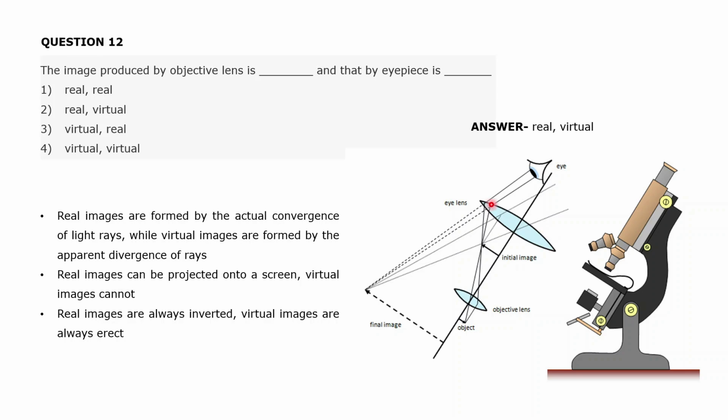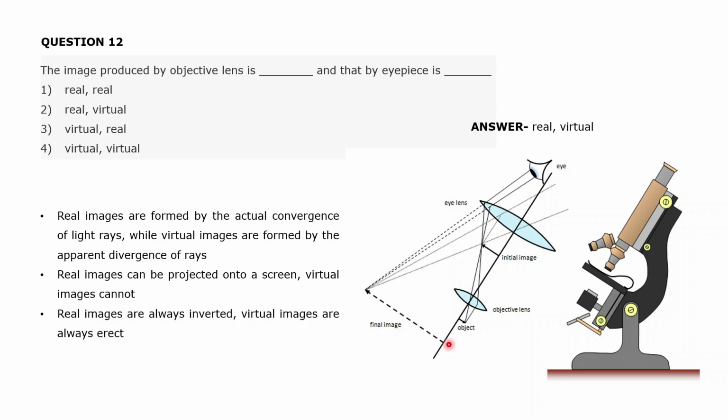In order to extrapolate, from the eye you can make a line diagram up to this particular point. From this initial image, you can see that the final image created is much more enlarged as compared to the object's image.